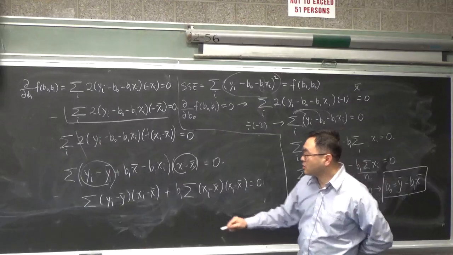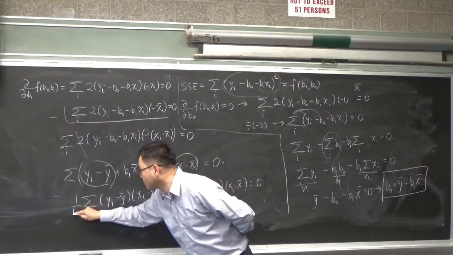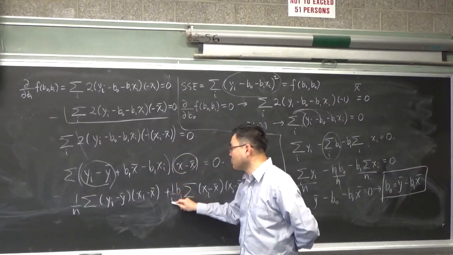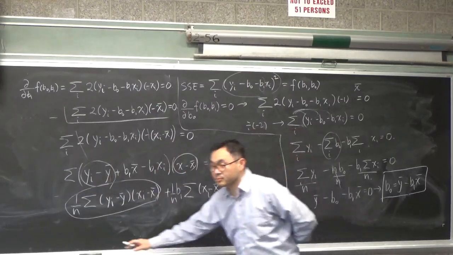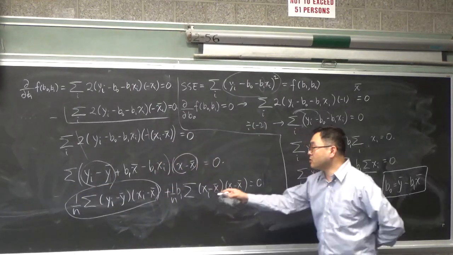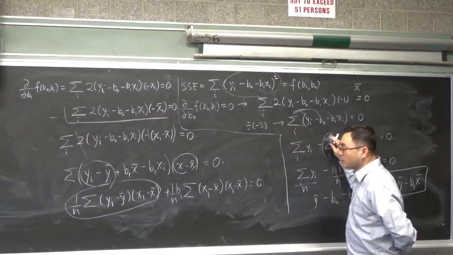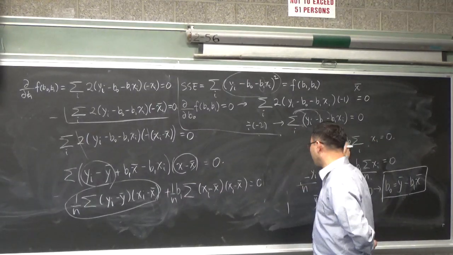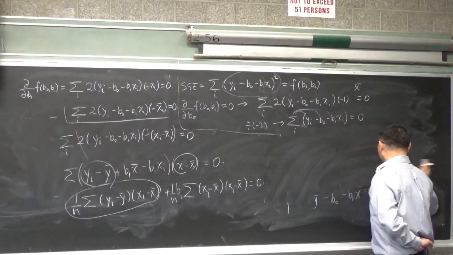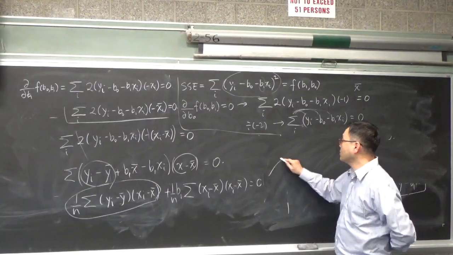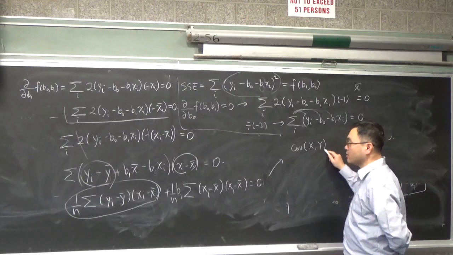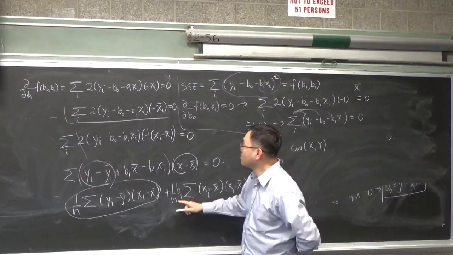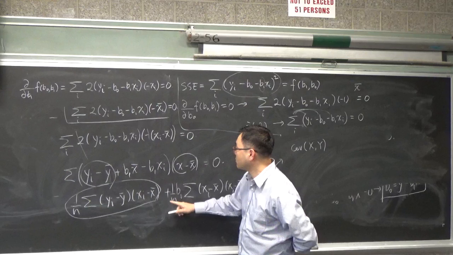And now look, if you divide both of the summations by n, what is this? We did that earlier in the class. Covariance? It's the covariance of x and y, isn't it? Right. So you get covariance of x comma y. Oh, sorry, I messed up with another one.